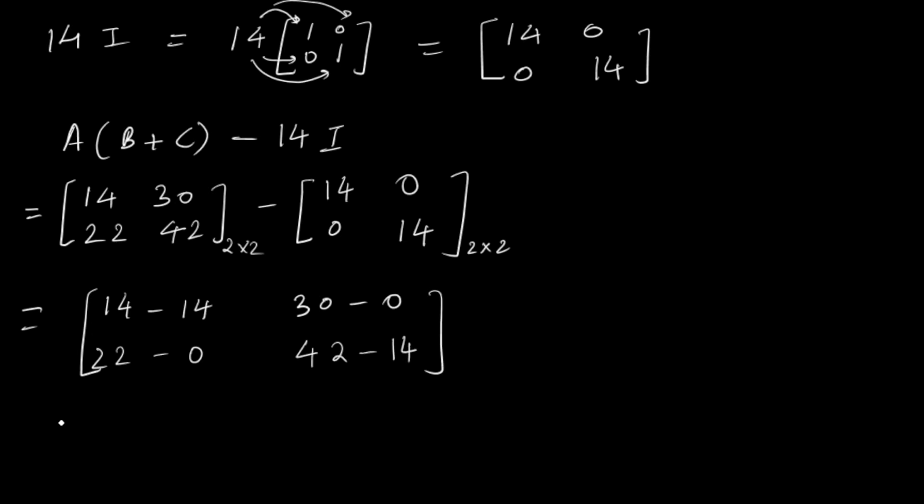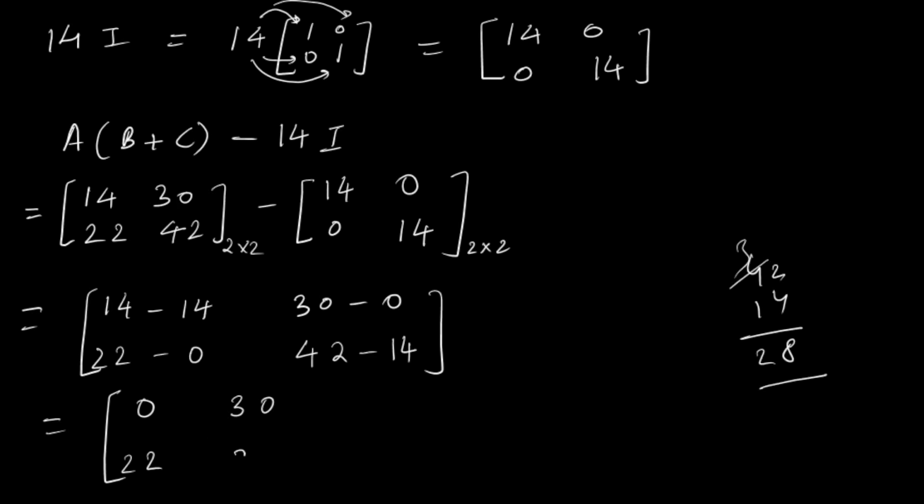So what is the answer? 0, 30, 22, and 42 minus 14 is 28. So are you all getting the same answer?